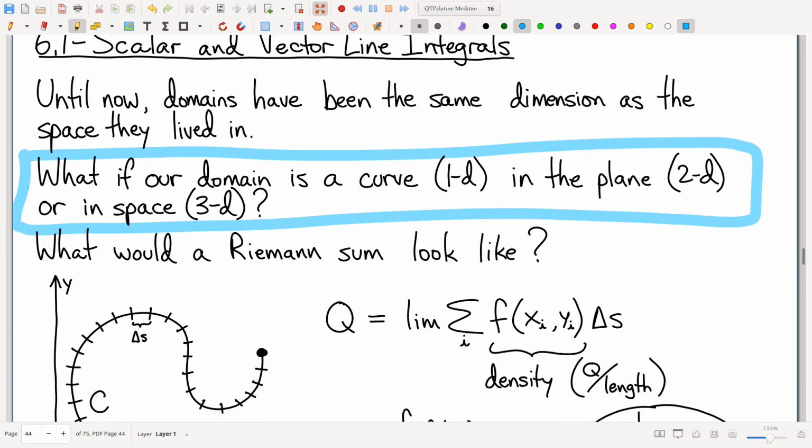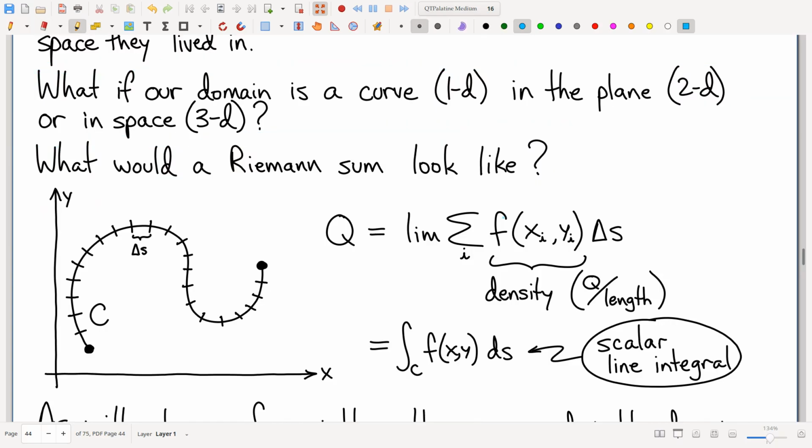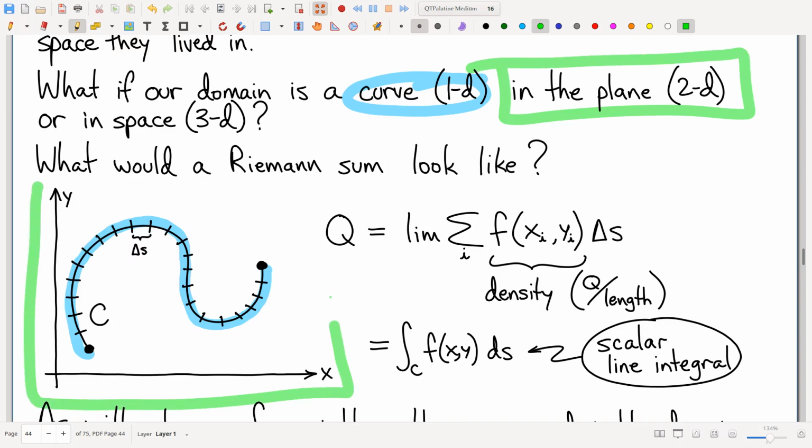What if that doesn't happen? What if, for example, I have a curve? Here's a curve. And that's going to naturally be a domain for what I feel like ought to be an integral, but the problem is that's a curve in the plane here. That's two-dimensional.